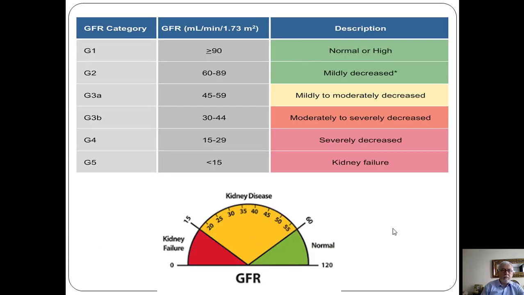When we look at glomerular filtration categories and glomerular filtration rate, we can describe kidney function. Also, we can look at these glomerular filtration categories like G1, G2, G3a and b, G4, and G5. The glomerular filtration rate is normal at approximately 100 milliliters per minute in normal adults, and we can describe normal conditions.